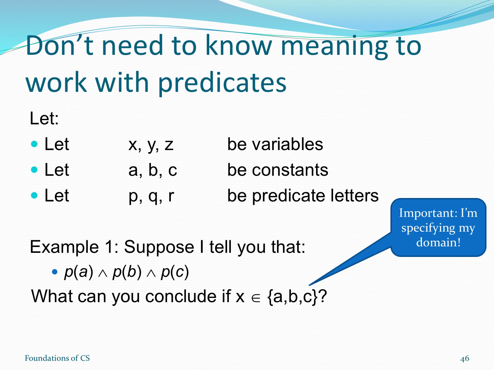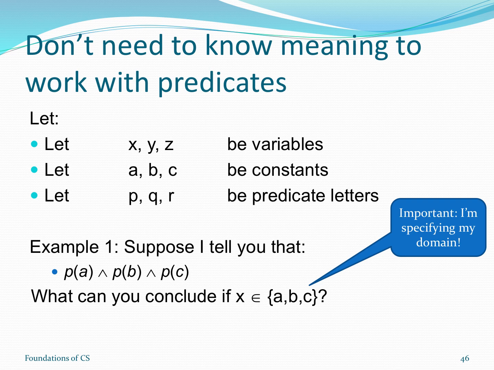Now, we've been saying R of X means it's raining or whatever. But you don't actually need to know what everything means in order to mess with predicates, right? So suppose that X, Y, and Z are variables, A, B, and C are constants, and P, Q, and R are my predicate letters, okay?